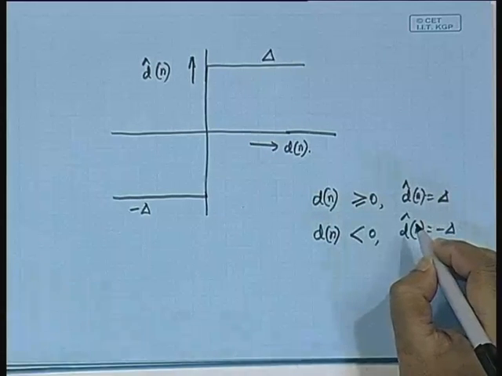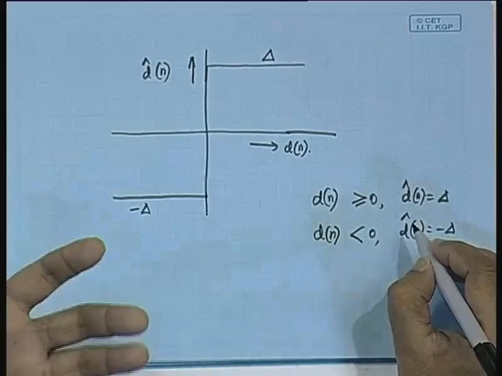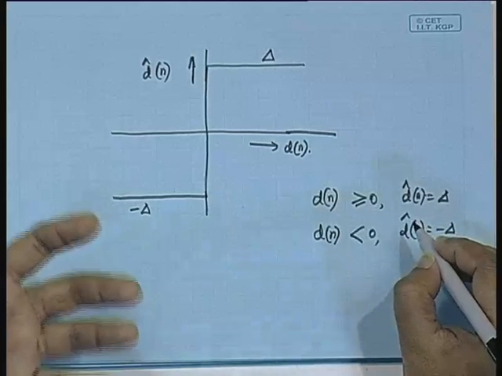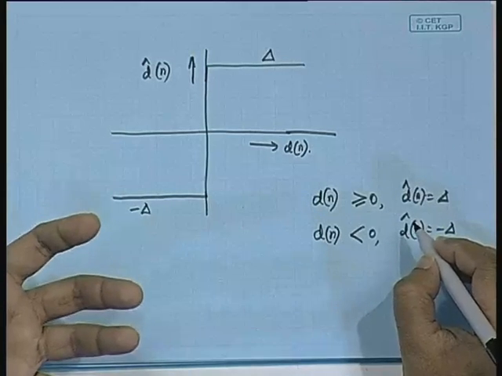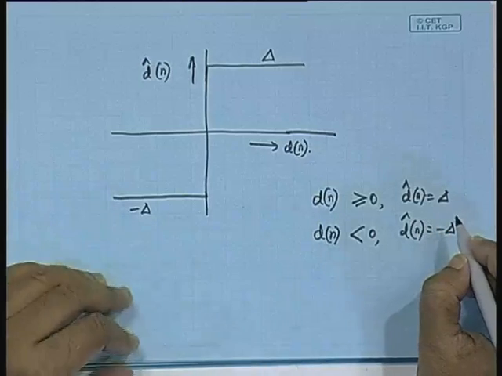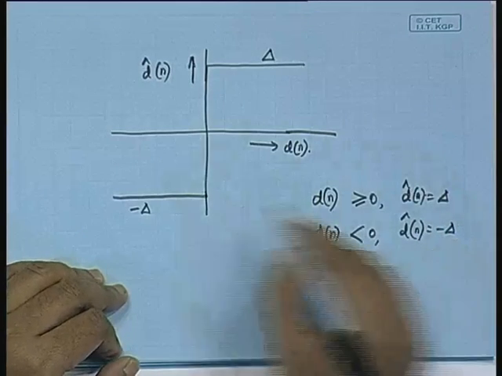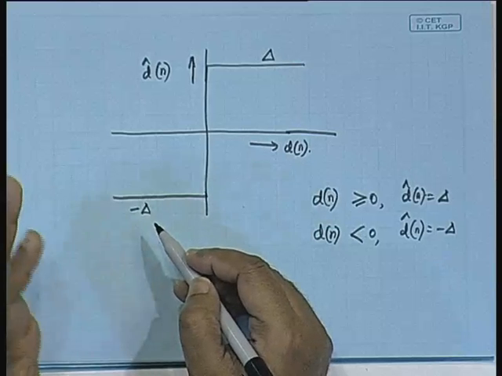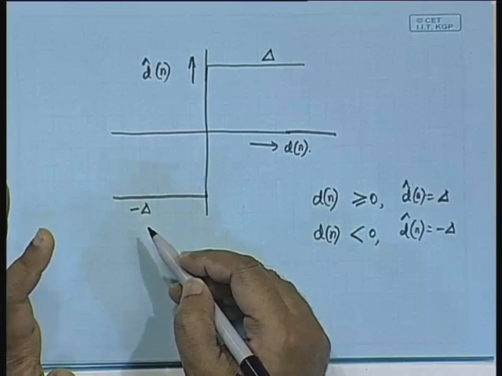So, plus delta and minus delta are the only two possible levels that we are going to have with the delta modulator. Now, look at this, this is basically a two level quantization, either plus delta or minus delta.